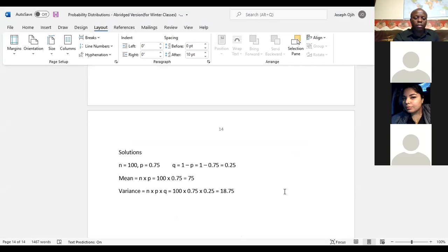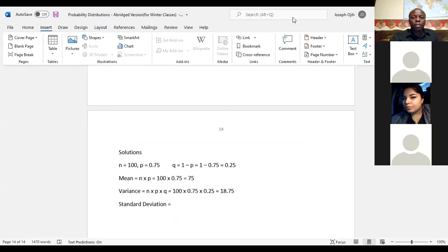Standard deviation is the square root of variance. So we take the square root of 18.75.